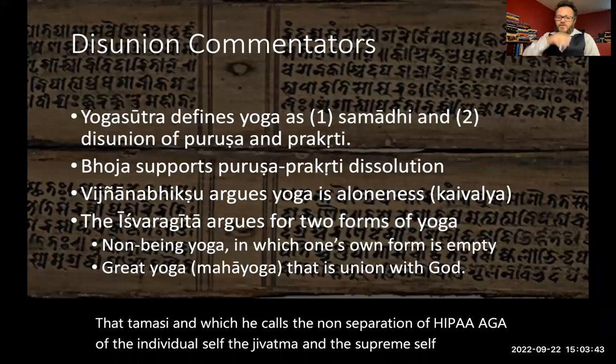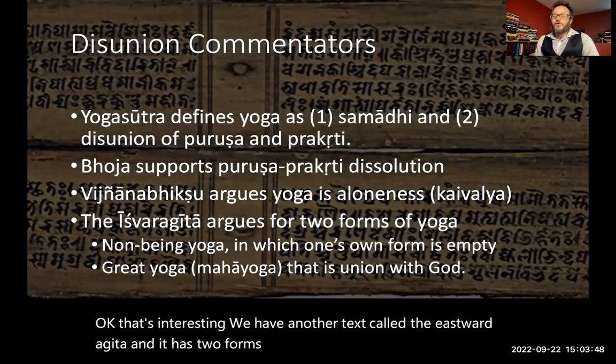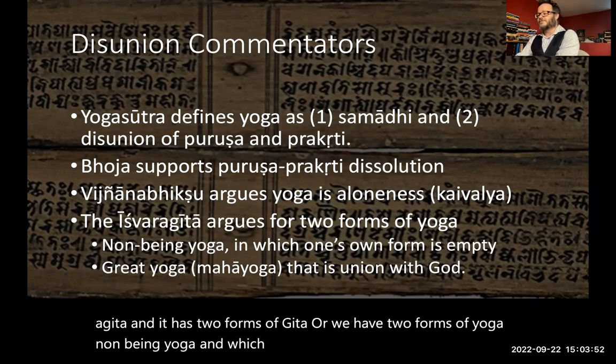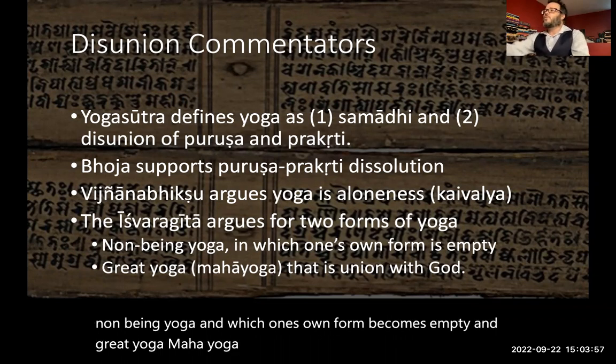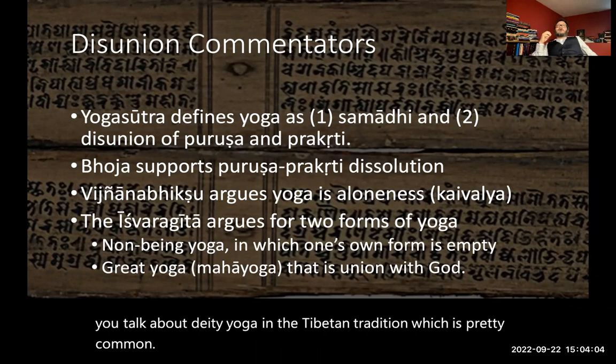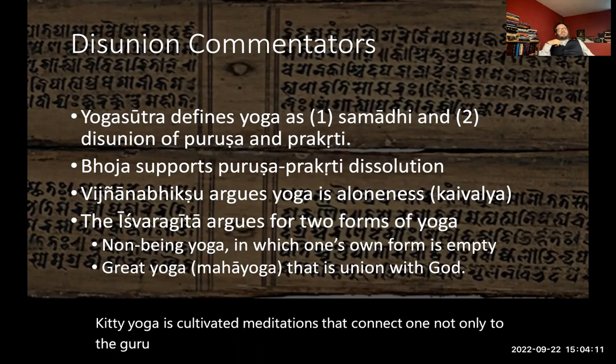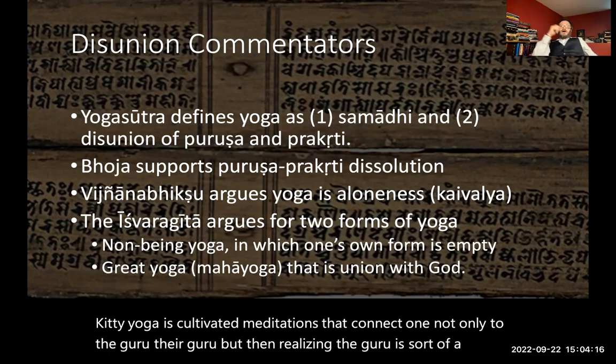Okay, that's interesting. We have another text called the Iswara Gita, and it has 2 forms of yoga. Non-being yoga, in which one's own form becomes empty, and great yoga, Mahayoga, which is union with God. And in fact, when you talk about deity yoga in the Tibetan tradition, which is pretty common, deity yoga is cultivated meditations that connect one not only to their guru, but then realizing the guru is sort of a Buddha or the Buddha in and of himself.